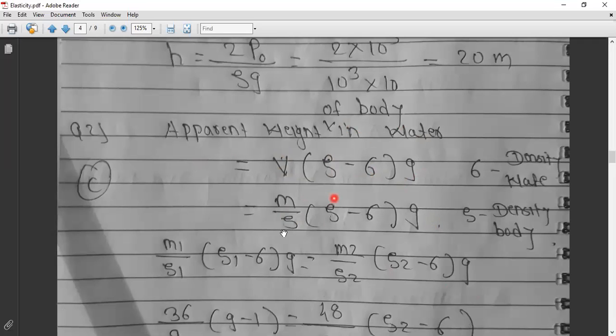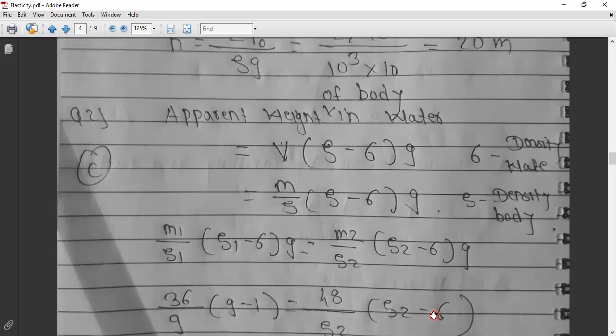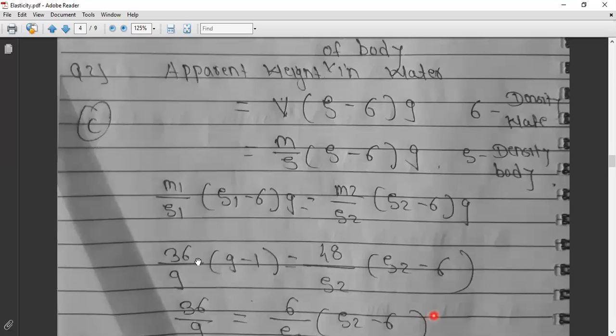Compare this equation for the two bodies, m1 and m2. Mass of the first body is 36, density of the first body is 9, then 9 minus 1. g is the gravity, it gets cancelled. Mass of second body is 48, calculate the density of second body.